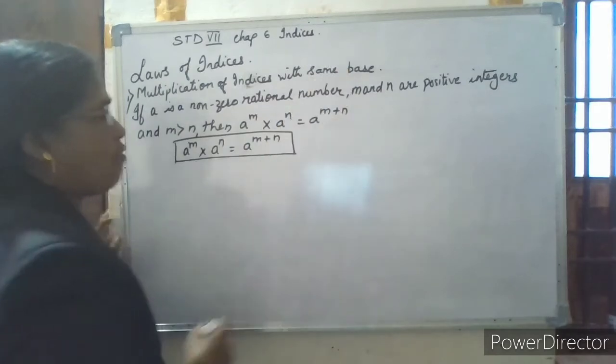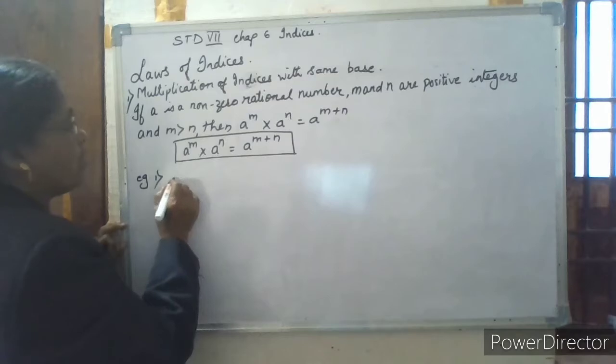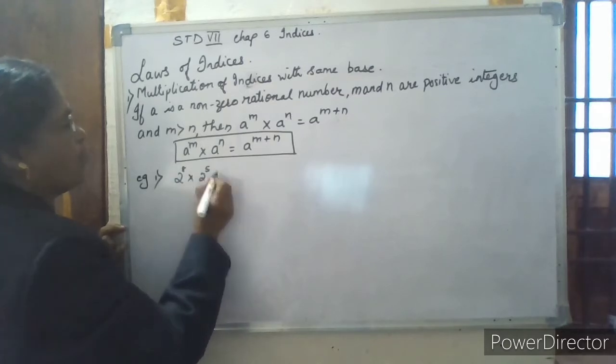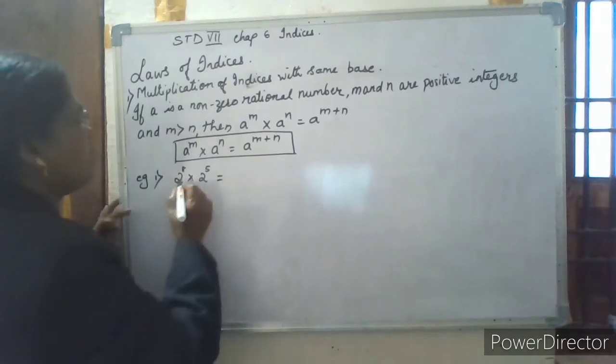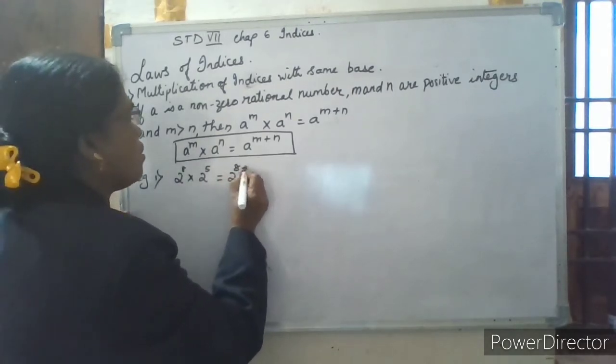For example, example 1, suppose it is given as 2 raised to 8 into 2 raised to 5. Then, using this law, it is equal to 2 raised to 8 plus 5. We got this by the law.